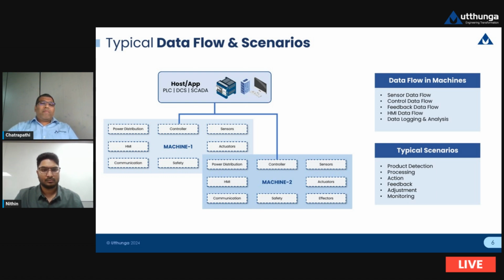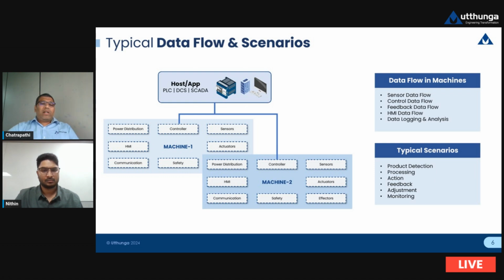Again, when you look at these data flows: for the sensor, the data flow is detecting a product; for the controller, it is mainly processing and sending a command; and for the actuator, it is taking an action like sealing a specific box, the movement which is responsible for sealing a box.